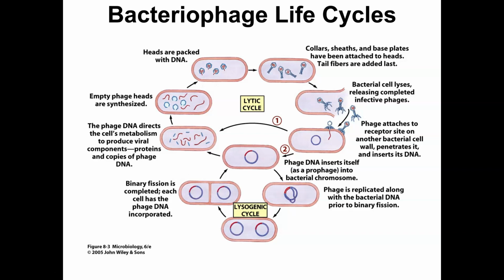It then injects its DNA into the host cell, like an evil little syringe. And then it takes over the host cell. Okay, guts out the host cell, breaking up its components, and it then forces the host to make more viral components. So it turns the host cell into a factory for viruses.